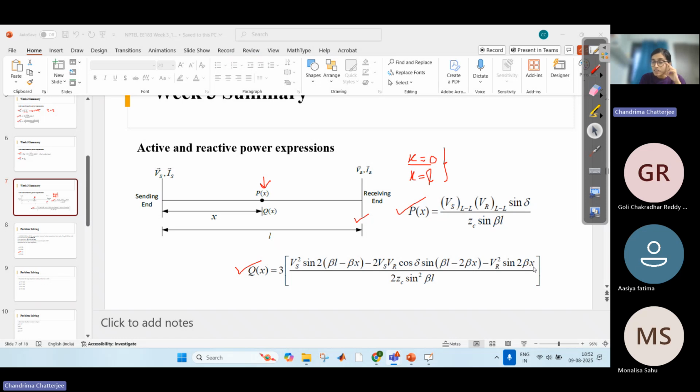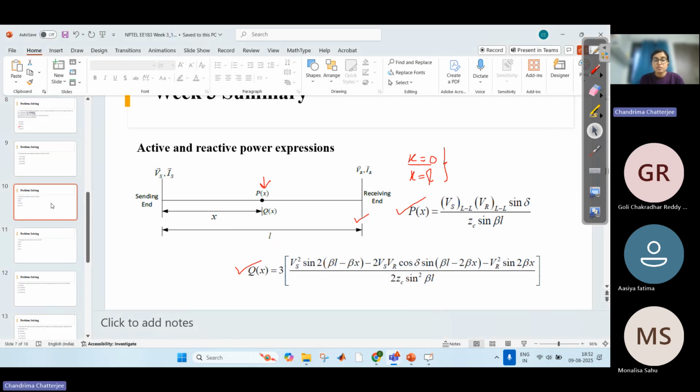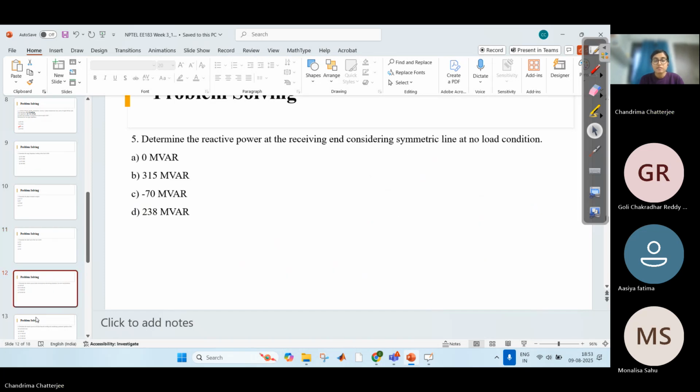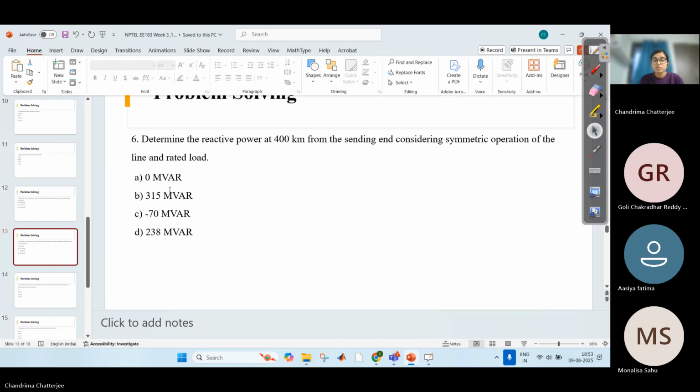And this is again L by 2, so sin beta L. Here we have V square sin beta L, and here VR square sin beta L, and for a symmetric line, VS is equal to VR. So this quantity becomes 0. If you know this, you don't have to calculate anything. You can straight away put 0. So this will be 0 MVAR. There is no reactive power at 400 kilometer.